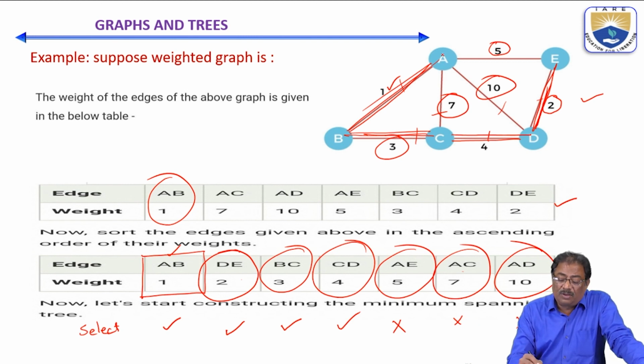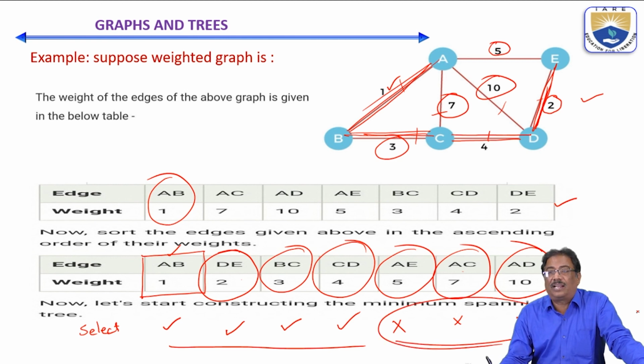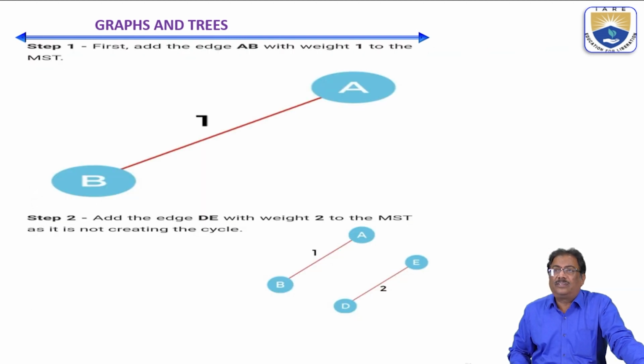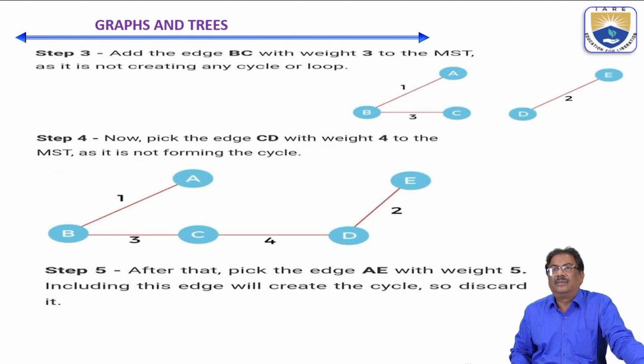So how many vertices does it have? 5 vertices and we are going to select 4 edges and the remaining edges it is not possible to select, because if we select those edges then automatically a cycle is going to be formed. So for that we are going to remove all these 3 edges. With the 4 edges only, the spanning tree is like this.